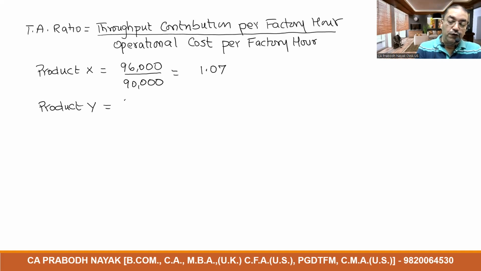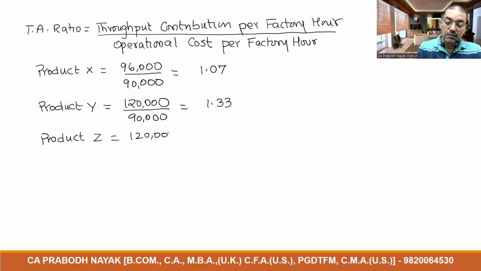For product Y, it is 1,20,000 divided by 90,000. So that will be 1.33. Product Z is also the same, 120 by 90. So 1.33.